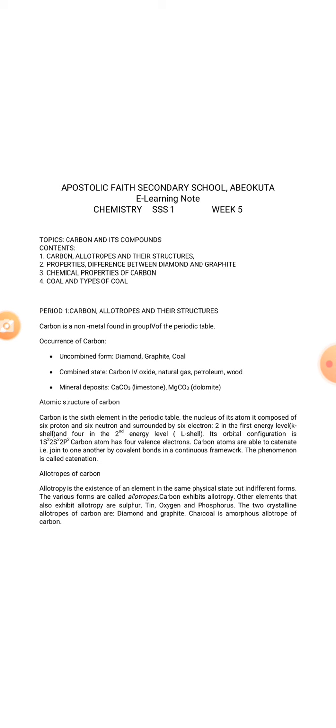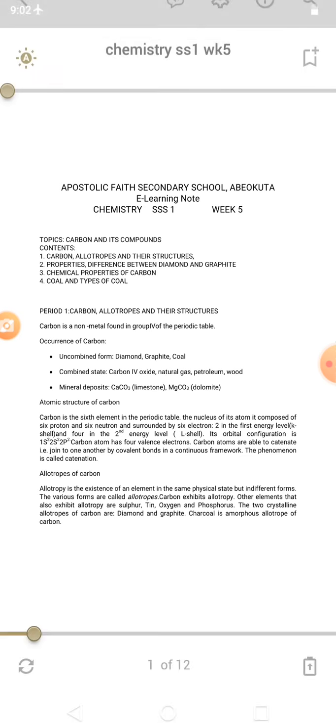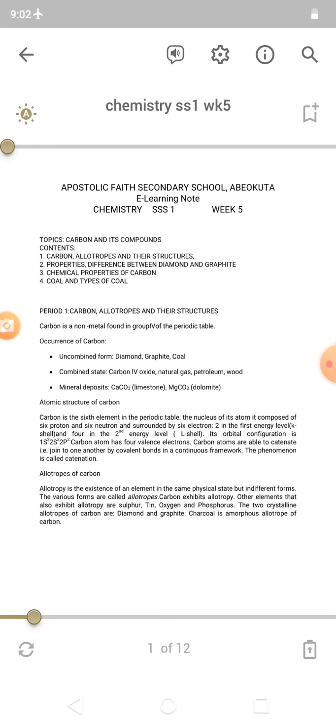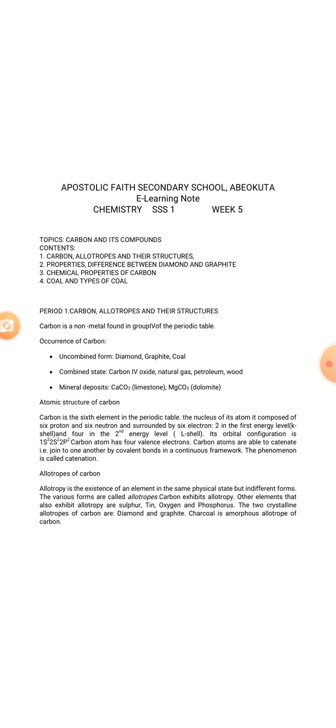Carbon as an element has atomic number of 6. If you count from hydrogen, helium, to lithium, to beryllium, to boron, and then to carbon. So carbon is number 6 in the periodic table, and the atomic number is 6. That means that carbon has 6 electrons.